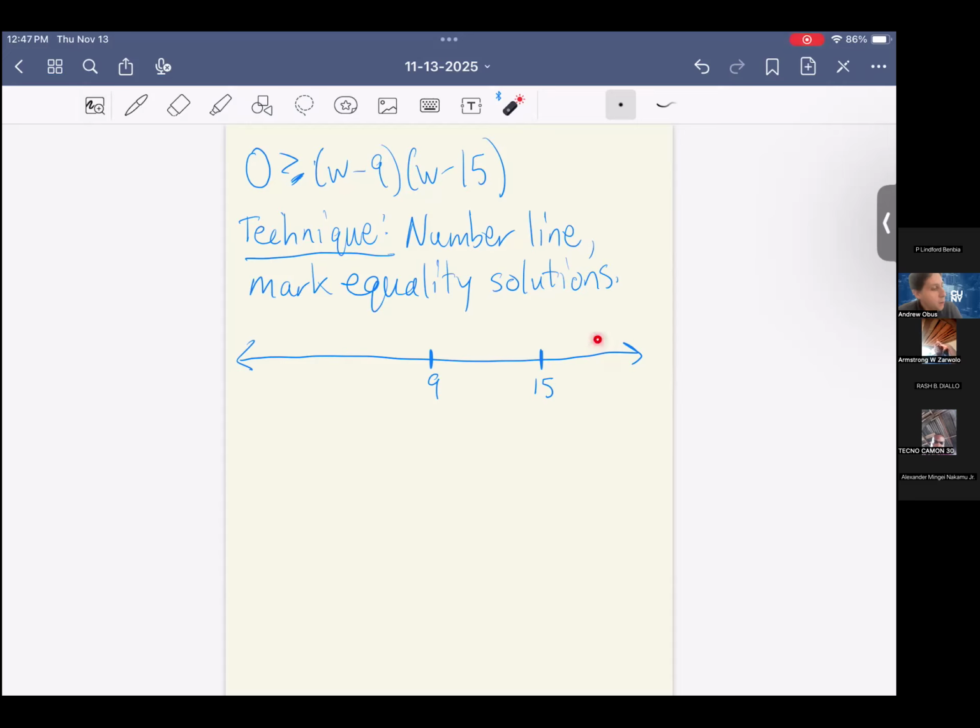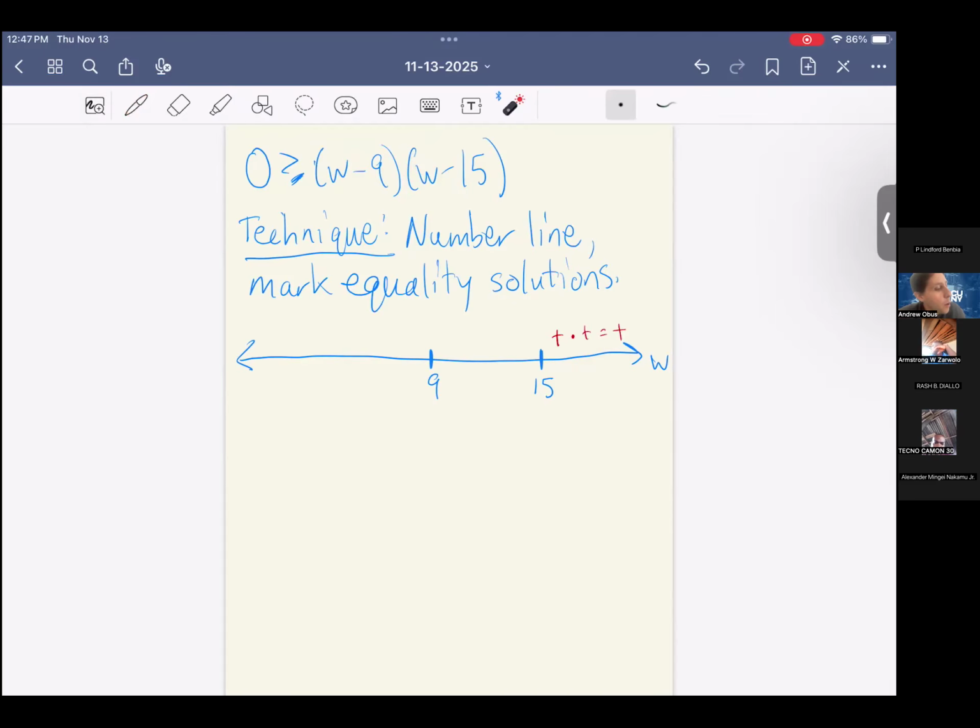So over here, when W is bigger than 15, right? This is the W line. So if W is bigger than 15, then W minus 15 is positive, and W minus 9 is also positive. So the product is going to be positive. So I'll write this as positive times positive equals positive. What about when you're between 9 and 15?